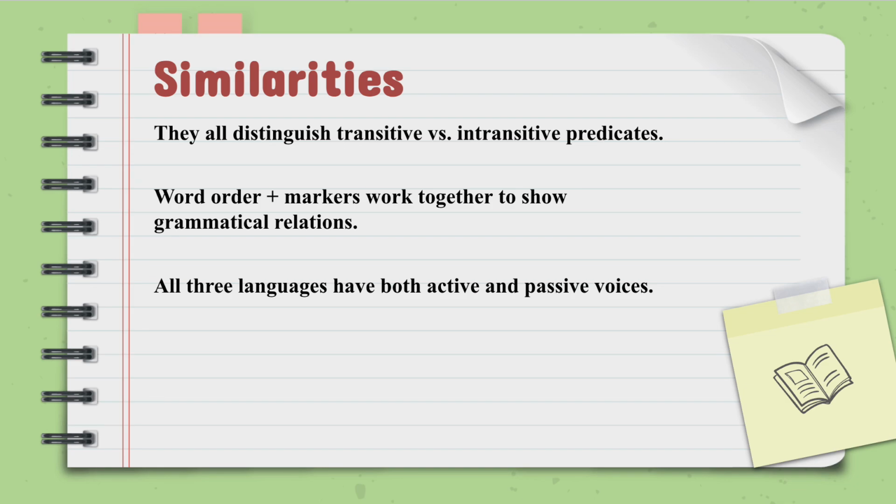For Tongan, a VSO language that also uses case or role markers, it is often analyzed as using ergative and absolutive particles to disambiguate the roles. In short, none of them relies on word order alone. They all combine position with particles or morphology.